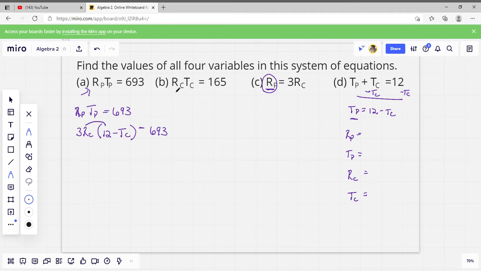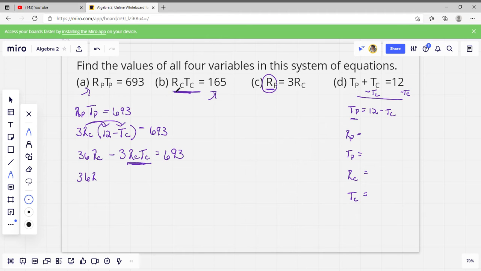And now we're going to rainbow. 3 times 12 will be 36RC minus 3 times, see, 3RCTC. Okay, so we still can't do anything with this because we have this double variable. And remember, that's the key to solving these equations. Look for a double variable up here. So RCTC, we know that its value is 165, so we'll sub that in.